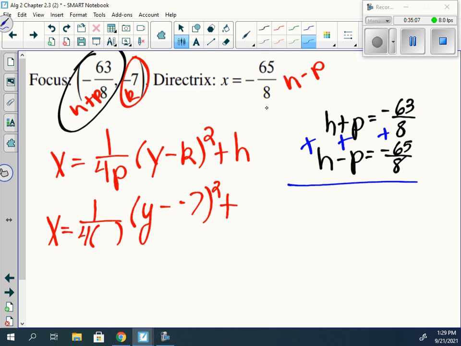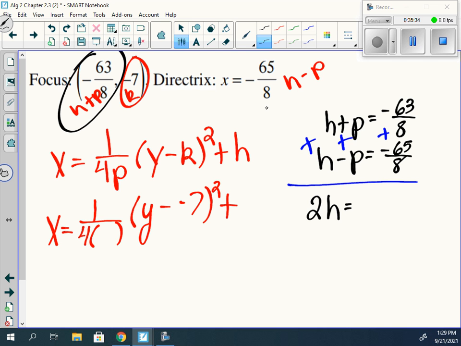What's h minus h? Does it matter if I add or subtract them? No, because I'll find one and then I can use it to find the other. So we can add them together, because h plus h is 2h. If we use subtraction, it would be p minus negative p, which is just going to be 2p. So it doesn't matter either way.